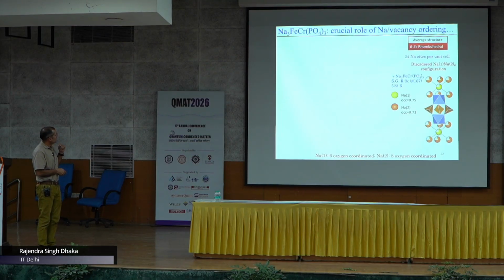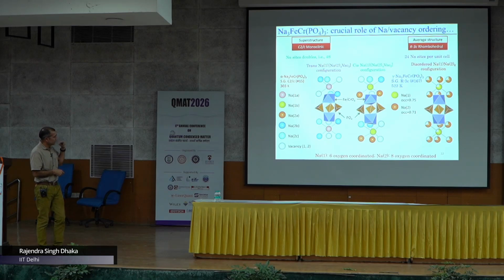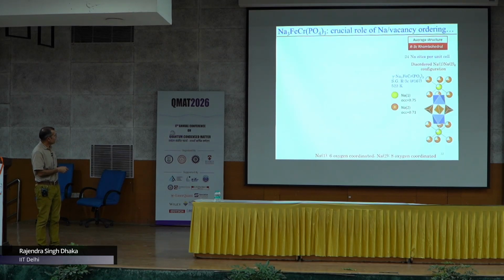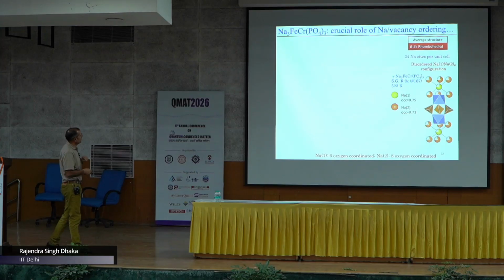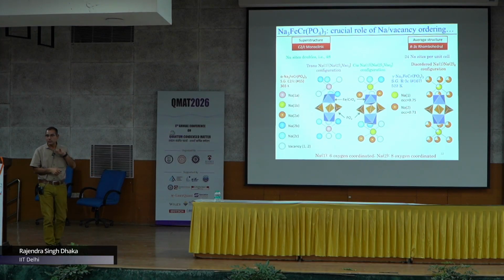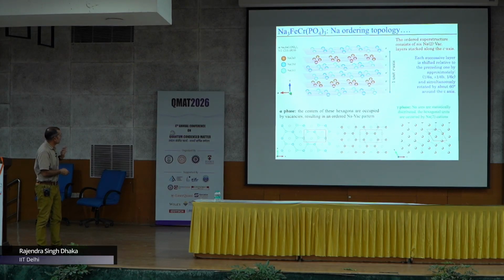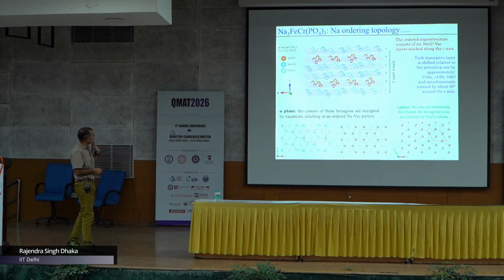To understand this more, as I said before, in the rhombohedral phase there are 2 sodium sites, sodium 1 and sodium 2. However, in the monoclinic phase these sodium sites split: the sodium 1 site splits into 2 and the sodium 2 site splits into 5. So you will have a more complex crystal structure, and that is what we were trying to understand.